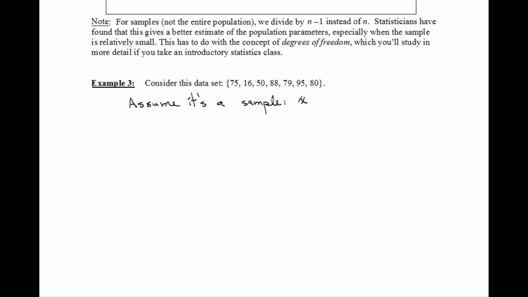So our x bar, we will add all these up. We will divide by 7 because that's how many we have, and you should end up with a mean of 69.